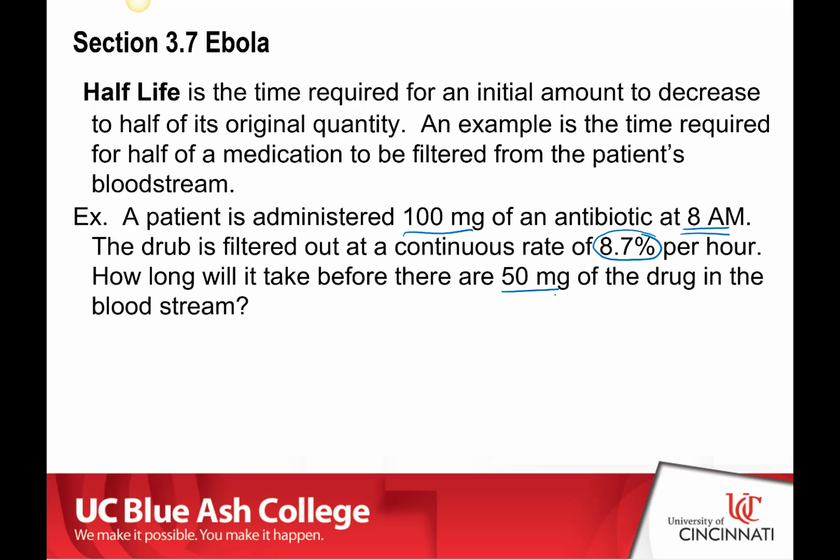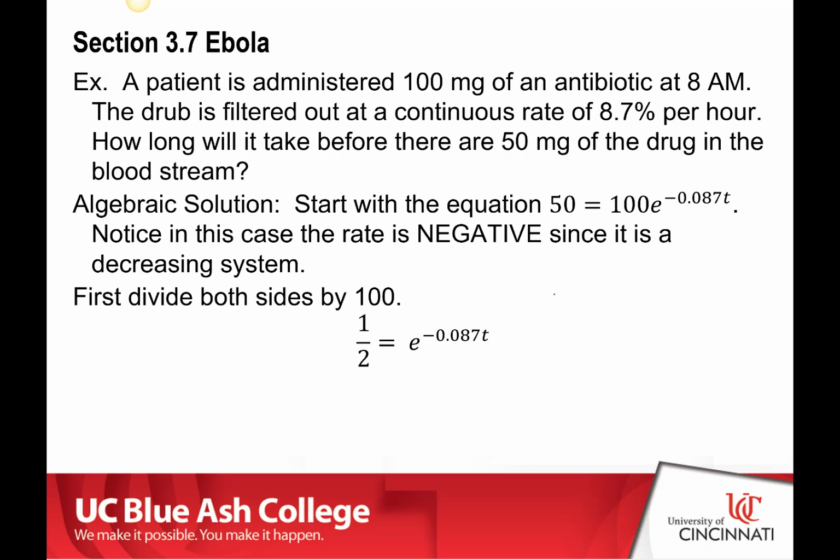And the question is, how long will it take for the bloodstream to have a total of 50 milligrams of the drug? This would be a time very likely where it would be time to administer another dose. So this half-life stuff comes into determining how often you need to give a dose of a medicine.